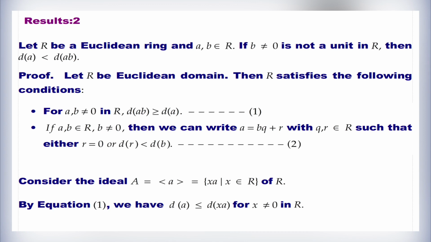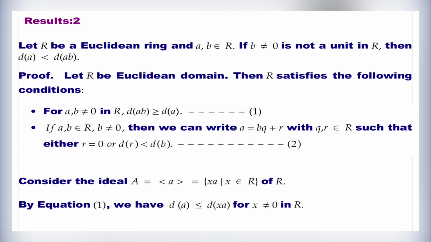If A and B are in R and B not equal to 0, we can write A equal to BQ plus R with Q and R in R such that either R equal to 0 or D of R is less than D of B, which we take as equation number 2.